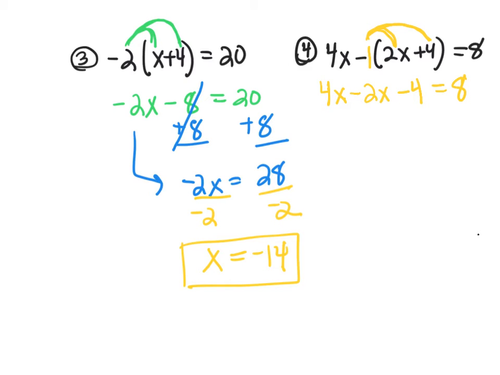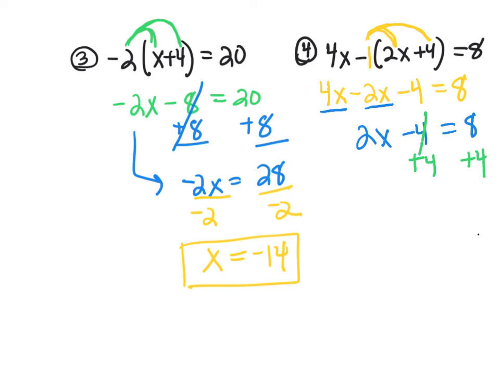I then see that I have a 4x minus 2x. I need to combine those like terms. So my next step is to combine the like terms on the left side of the equation. Now I see that I have a minus 4, and I'm going to work with the inverse operation to add 4.